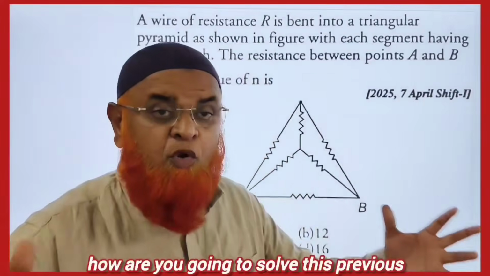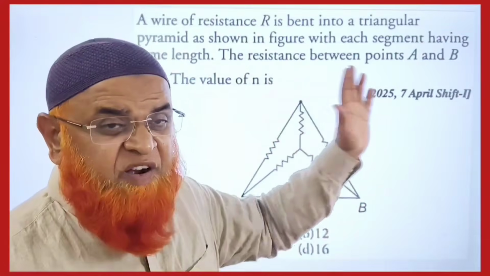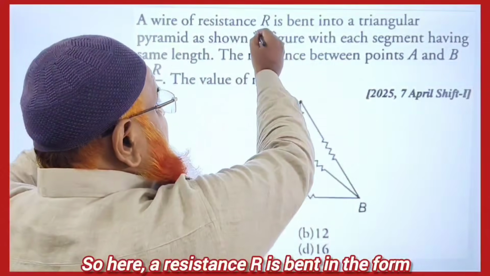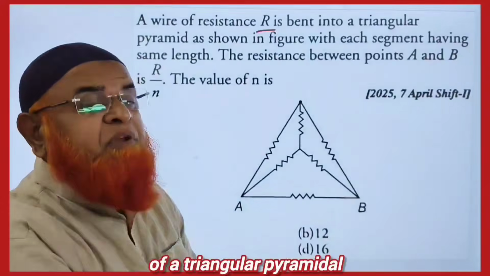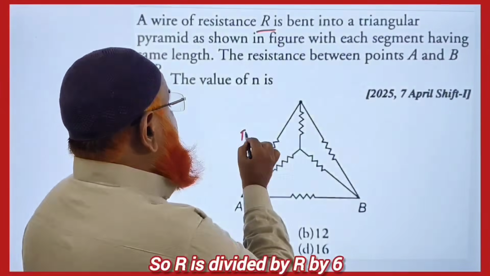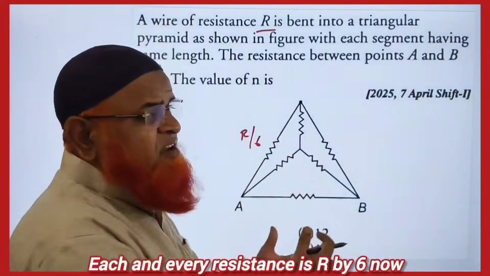Well, my dear students, how are you going to solve this previous year question of the 2025 latest question paper? Here, the resistance R is bent in the form of a triangular pyramid. How many sides are there? 6 sides are there, so each and every resistance is R by 6.